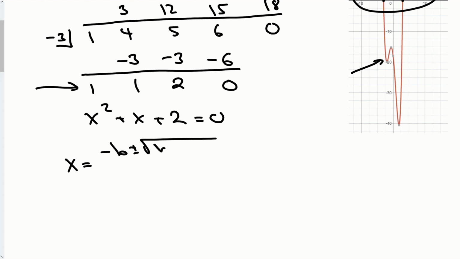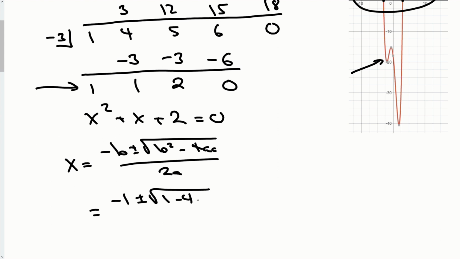over 2a. So we have negative b plus or minus the square root of b squared minus 4 times 1 times 2, all over 2.